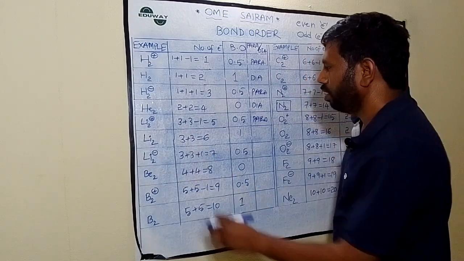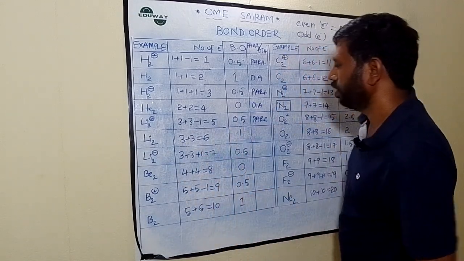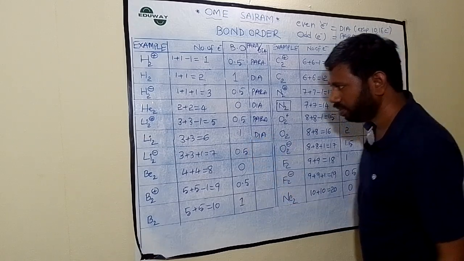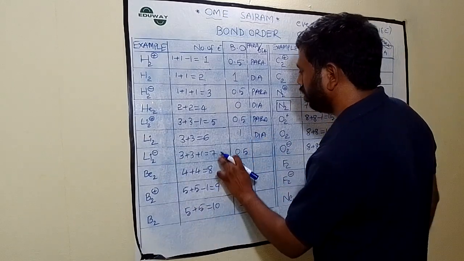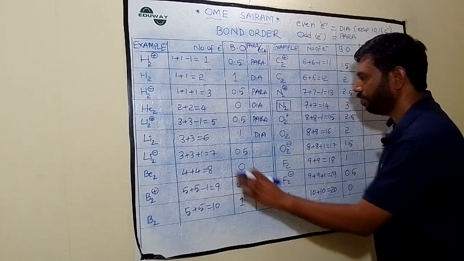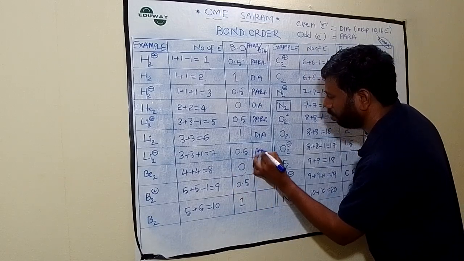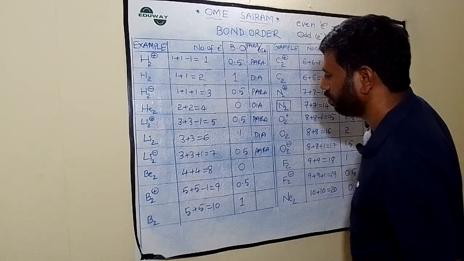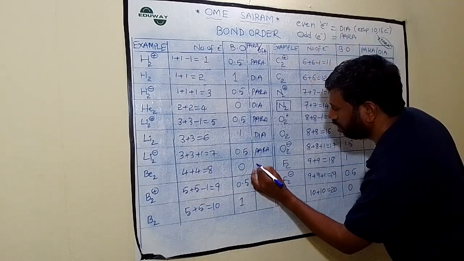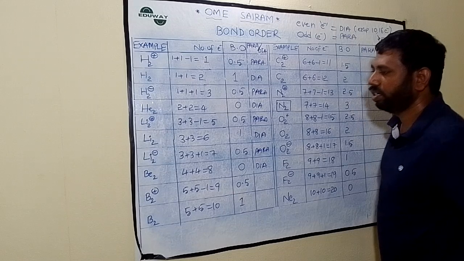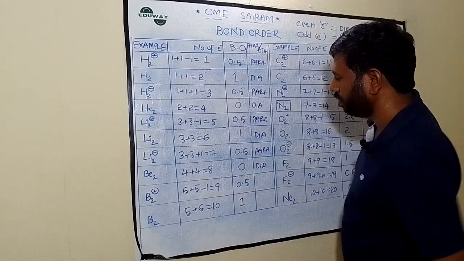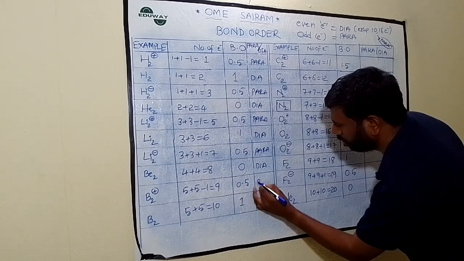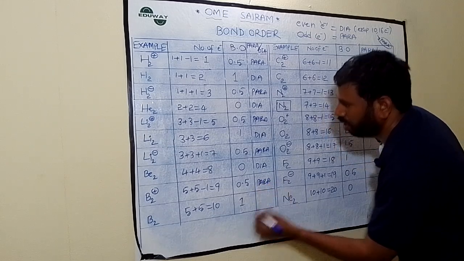Li2 molecule contains 6 electrons, that is even number, diamagnetic. Li2 negative charge contains 7 electrons, odd number of electrons, paramagnetic. Be2 contains 8 electrons, that is even number, diamagnetic. B2 positive charge contains 9 electrons, odd number of electrons, that is paramagnetic.